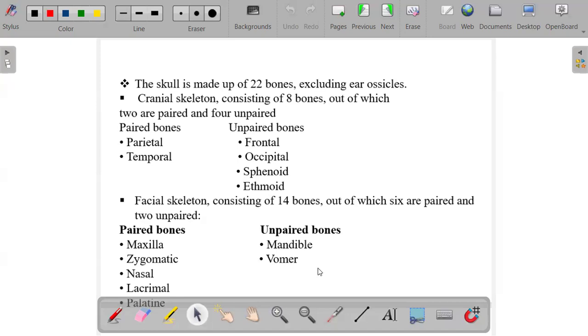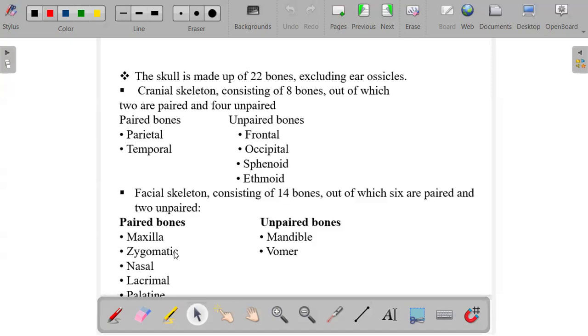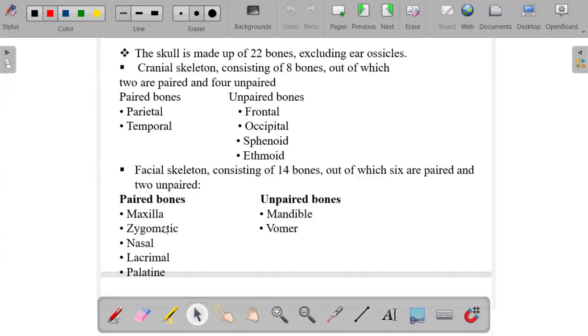Out of these 14, 6 are paired and 2 are unpaired. The paired bones are the maxilla, the zygomatic, the nasal, the lacrimal, and the palatine, while the unpaired bones are the mandible and the vomer. So these are the bones of the skull.